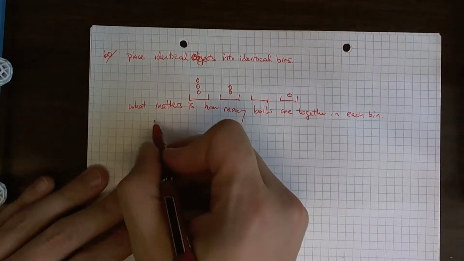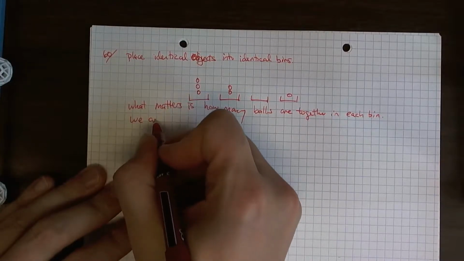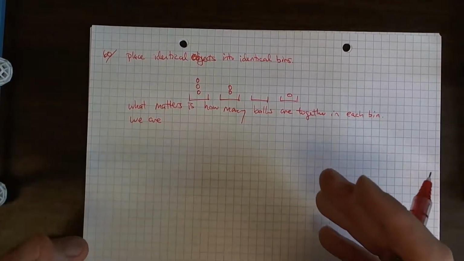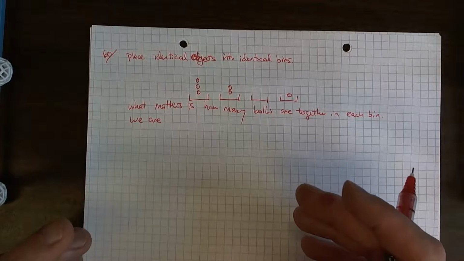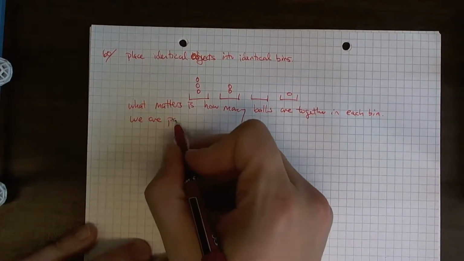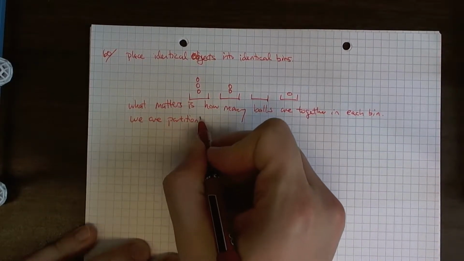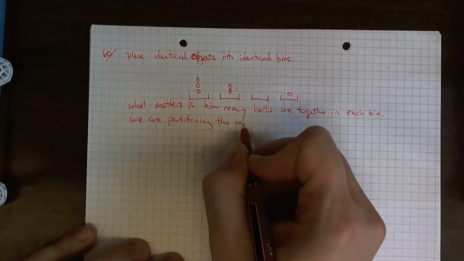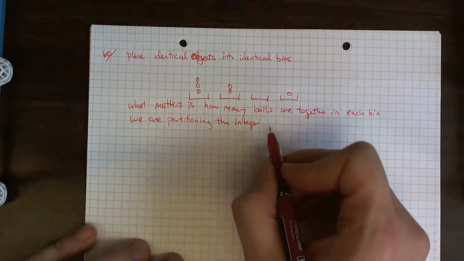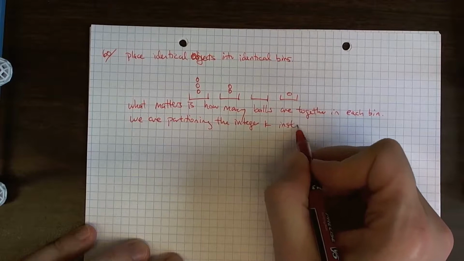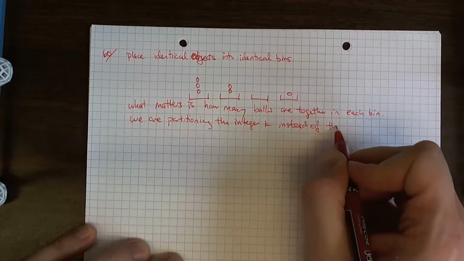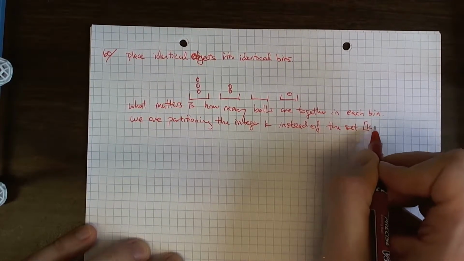And so what that means is we aren't partitioning a set of objects that are all different. We are partitioning the integer k instead of the set [k].